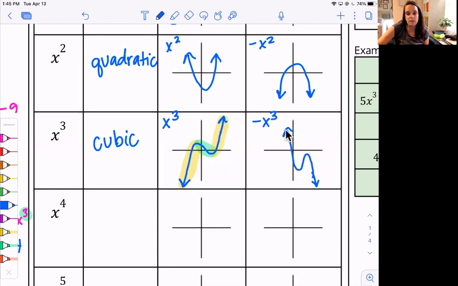You don't want it to get too pointy, but it looks like this. And they can be anywhere on the graph. It can be way over here, way up here, all the way around like that. It can be everywhere. But we'll just draw this one like this. So those are our cubics.